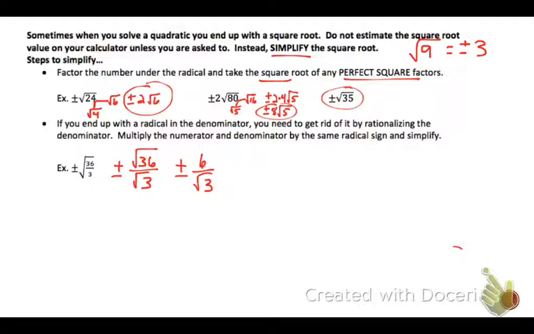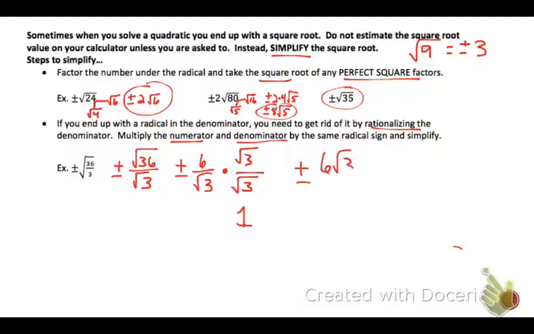So a long time ago, mathematicians decided it was too messy to divide by an irrational. So they developed a method we call rationalize the denominator. To do that, you're going to multiply the numerator and denominator essentially by 1, by that square root that you see in the denominator. Notice that that is the equivalent to multiplying by 1. It's not going to change the value of the expression. It's just going to change the looks of it.